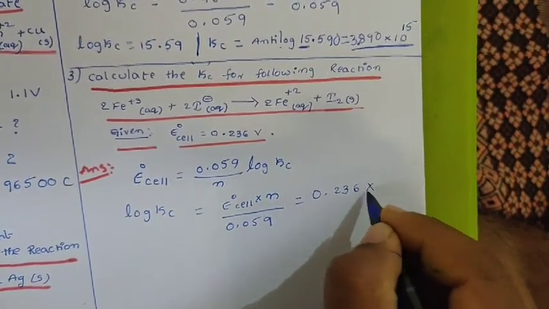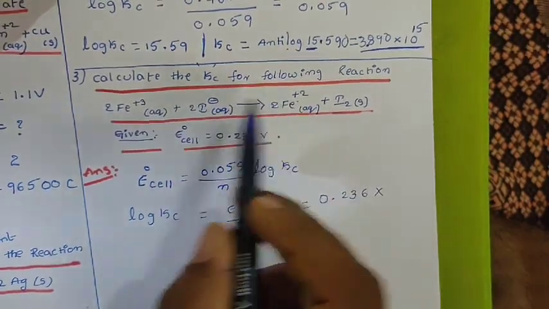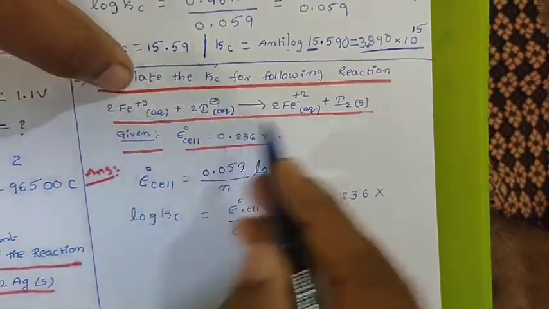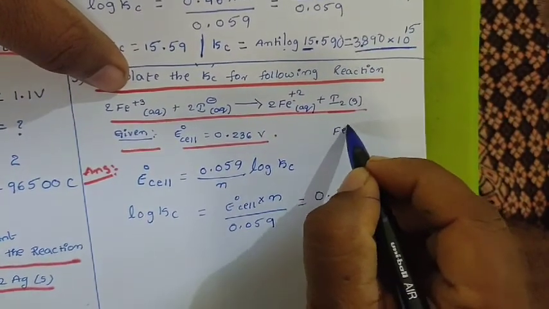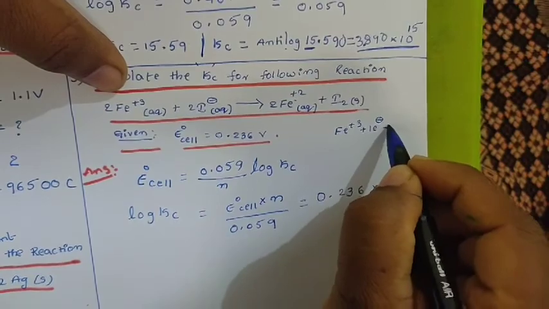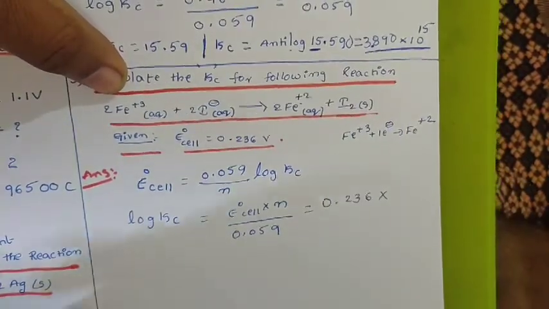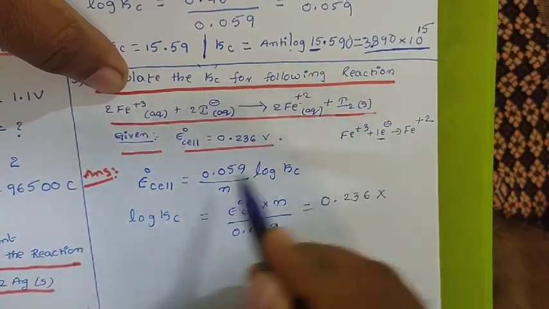What is the value of E naught cell? 0.236. What is the value of n? To find the n value, you have to look here. Fe plus 3 takes 1 electron and is converted into Fe plus 2, so 1 electron is involved.